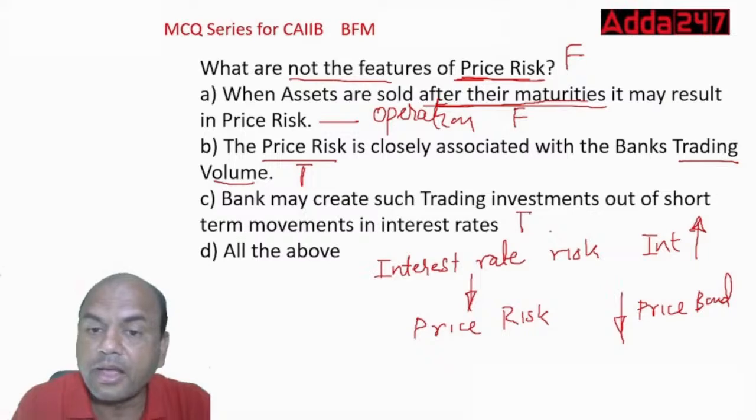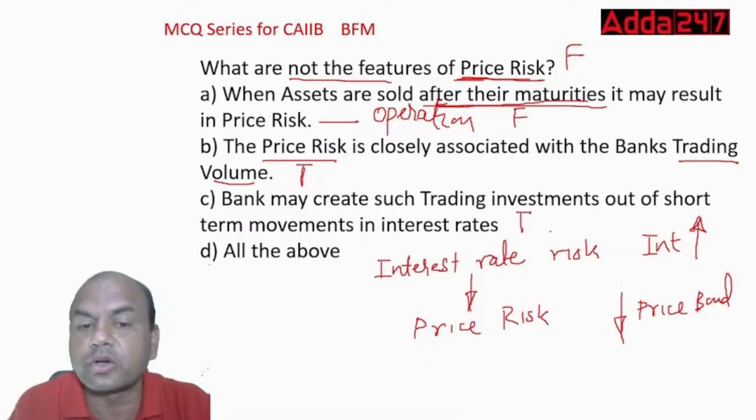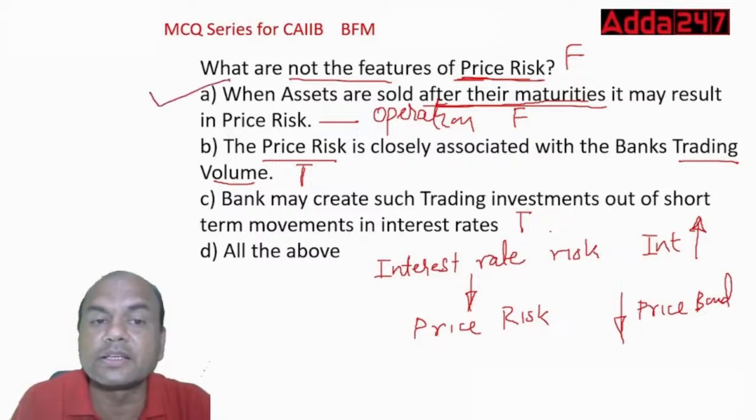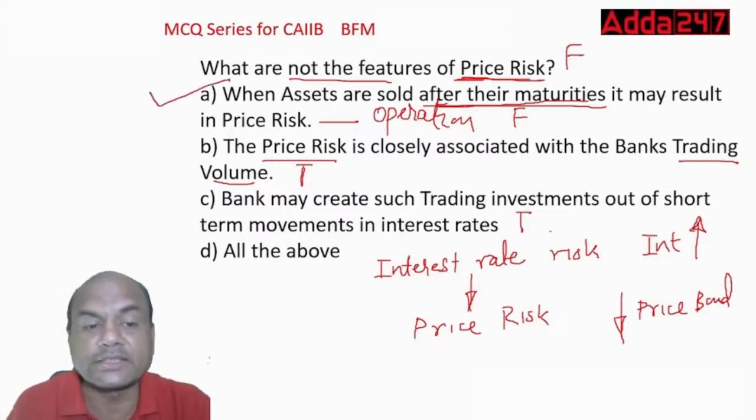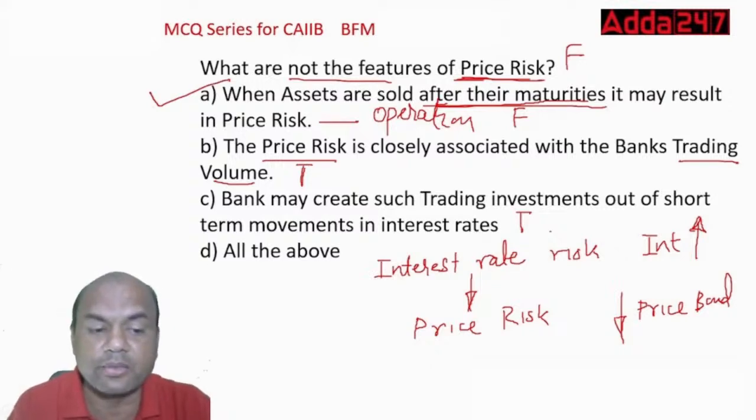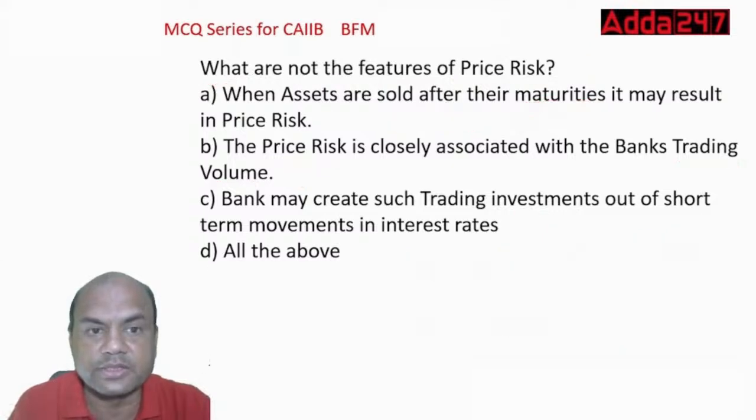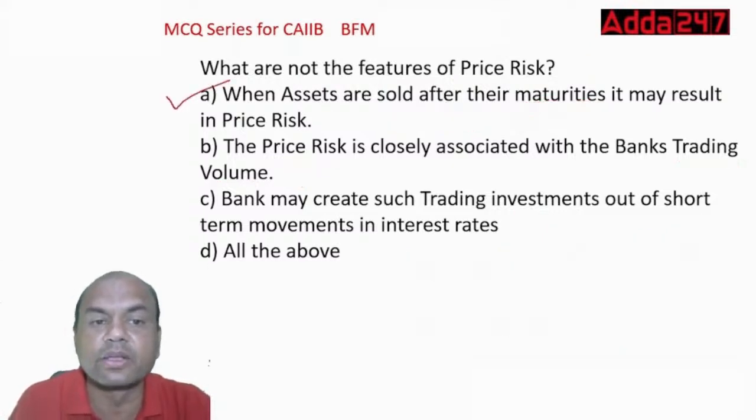That is also true. But I want the false one. So only A is the answer: when assets are sold after the maturity, it may result in price risk. I'll clear this board so that you can watch it freely. So the answer is A.